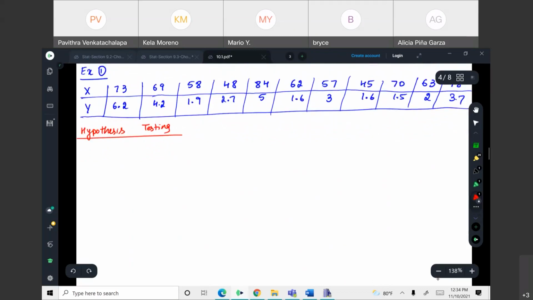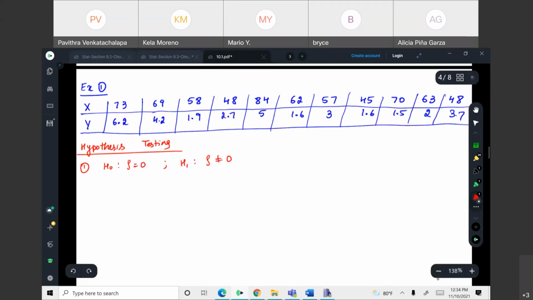The first step is to state H naught and H1. H naught will be rho equal to 0 and H1 will be rho not equal to 0, always. Now alpha, take it as 0.05, and n is how much?